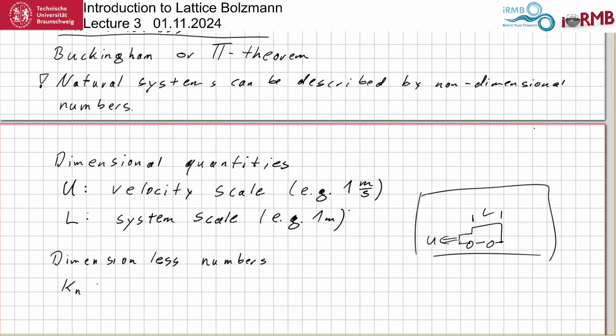So we have the Knudsen number. In your fluid dynamics class, did they talk about the Knudsen number? I don't remember, I guess not. I believe they did not. They did not. So this is something that comes from kinetic theory, the Knudsen number.